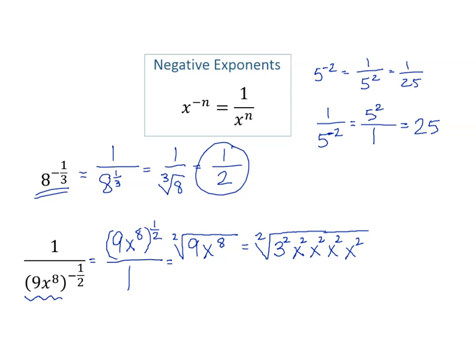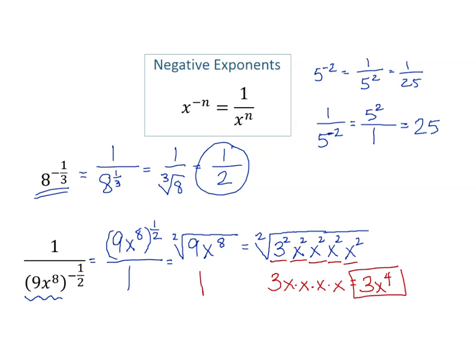So I can take the square root of all of this, term by term. Square root of 3 squared is just 3. Square root of x squared is x, four times. So I'm left with 3x to the 4th.